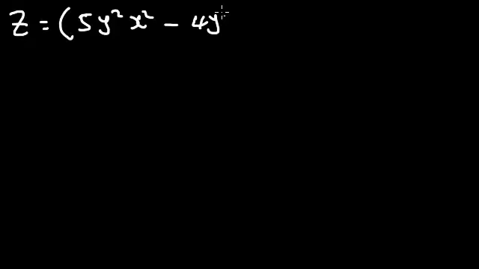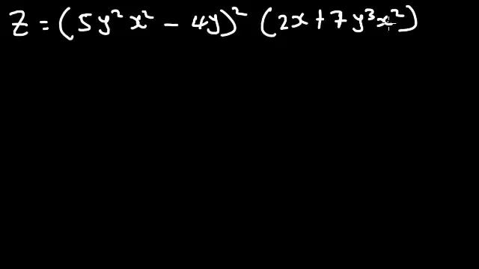Consider the function z, let me have that in white, that is equal to 5y squared x squared minus 4y, all squared, multiplied by 2x plus 7y cubed x squared.